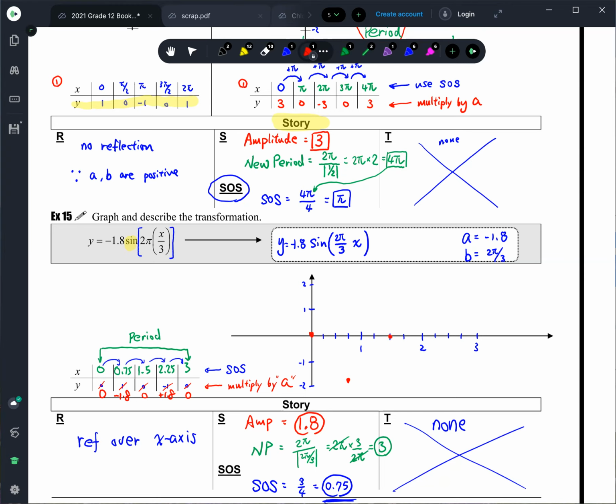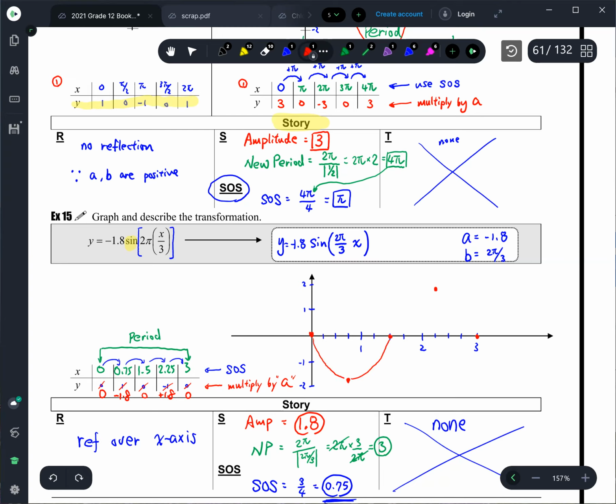Go up 1.8. It's at 2.25. Equally spaced, 3 back to 0. Open up, open up, open down, open down. Okay?